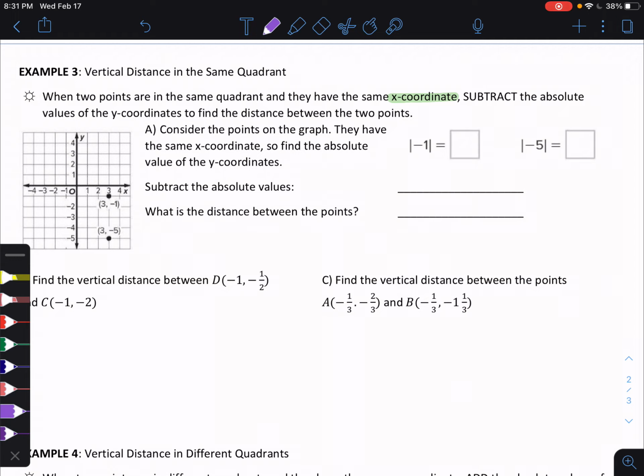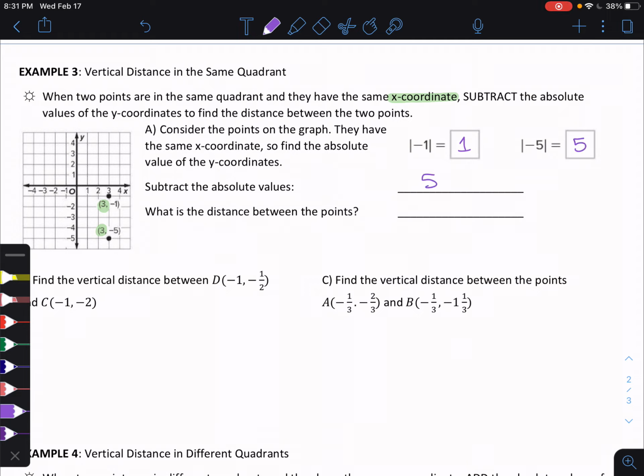So this says, consider the points on the graph. They have the same x coordinate. So if I go over to my graph, 3 and 3 are the same. If they have the same x coordinate, I can take the absolute value and subtract the y's. So the absolute value of -1 is +1. The absolute value of -5 is +5.